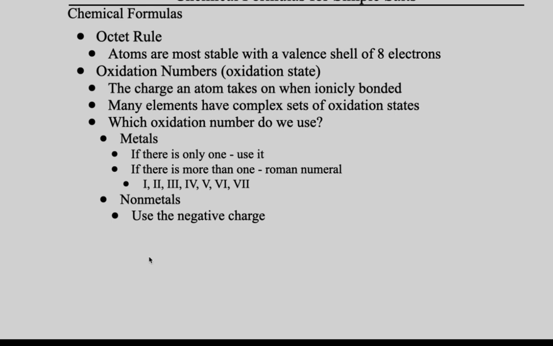Because we are not going to worry about the positive charges for the non-metals. And then, if it can have more than one negative charge, we will use the charge that's predicted by the group. And I'll explain what that means in just a second. And then, guys, we're going to start playing with these.